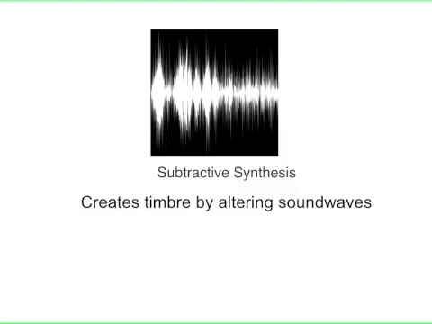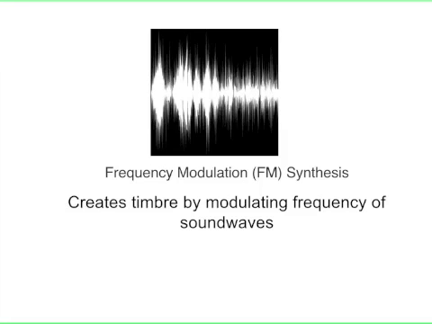More recent synthesizers all use subtractive synthesis, which creates the timbre by altering the sound waves. So instead of adding sound waves together to produce a certain timbre, the sound waves are altered by the synthesizer in subtractive synthesis to create the timbre. And then there is a third basic type of synthesis called frequency modulation synthesis, which creates the timbre by modulating the frequency of the sound waves.